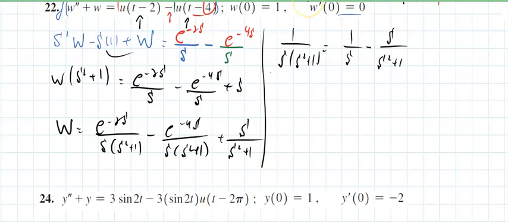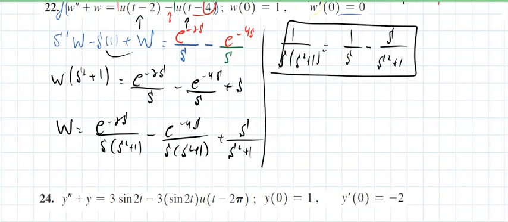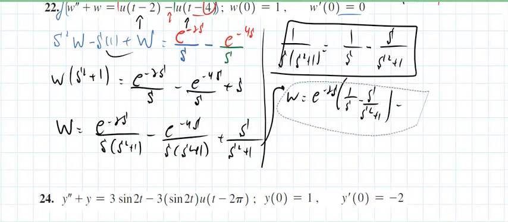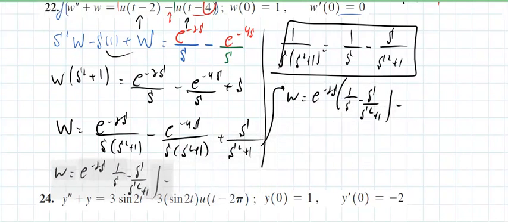So in turn, W equals e to the negative 2s times (1 over s minus s over s squared plus 1), minus, you know what, let me put that on the bottom, am I going to be able to fit it all? There we go.